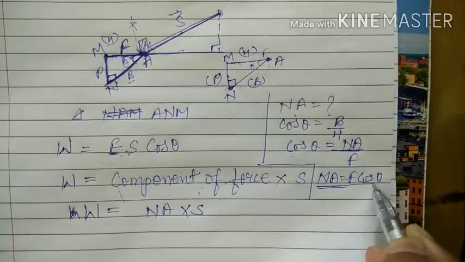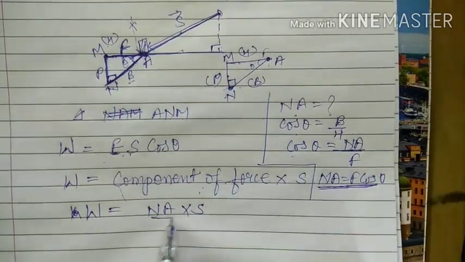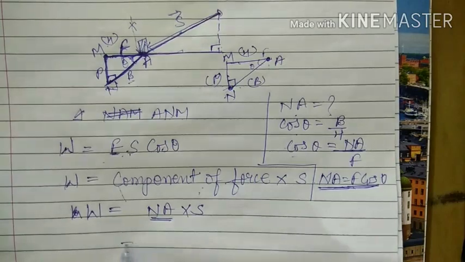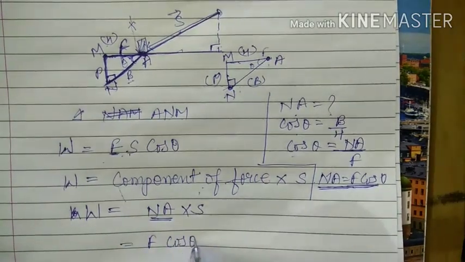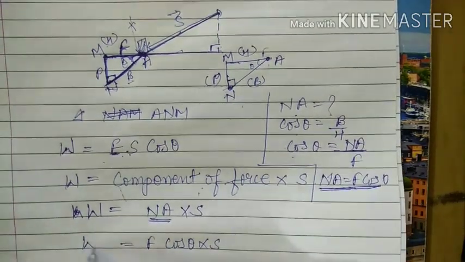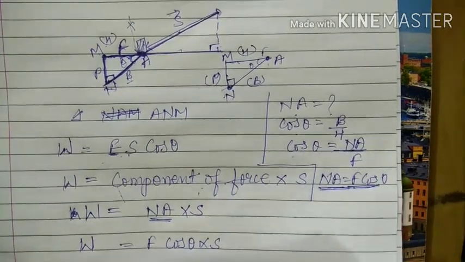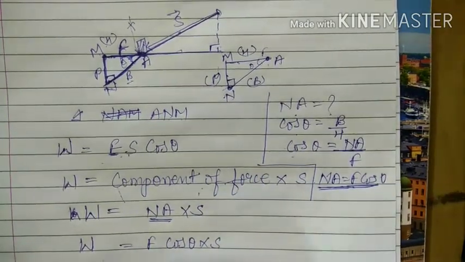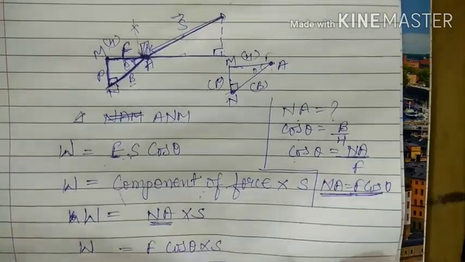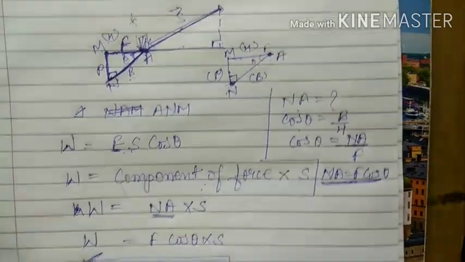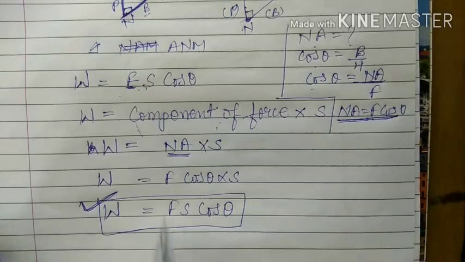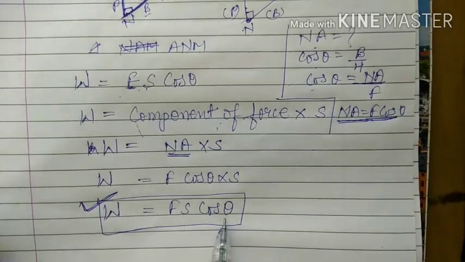So have you got the value of NA? Then instead of NA, can you write F cos theta into S? Is it your familiar formula? Fs cos theta. That means we have derived this same formula by two methods, that is Fs cos theta.